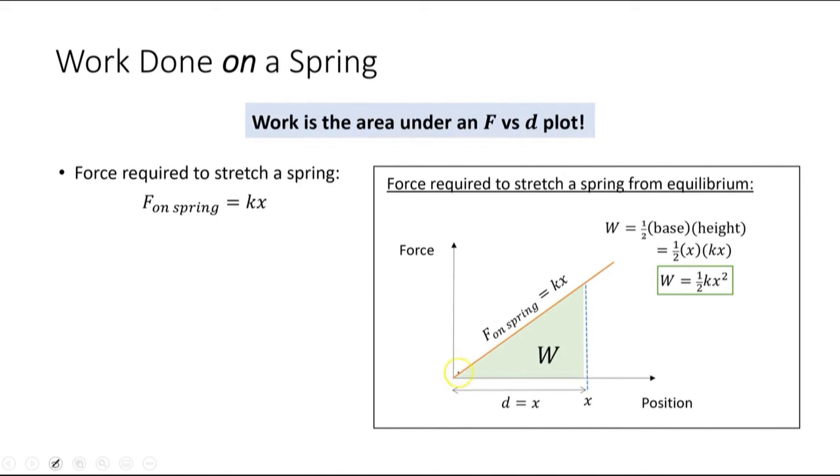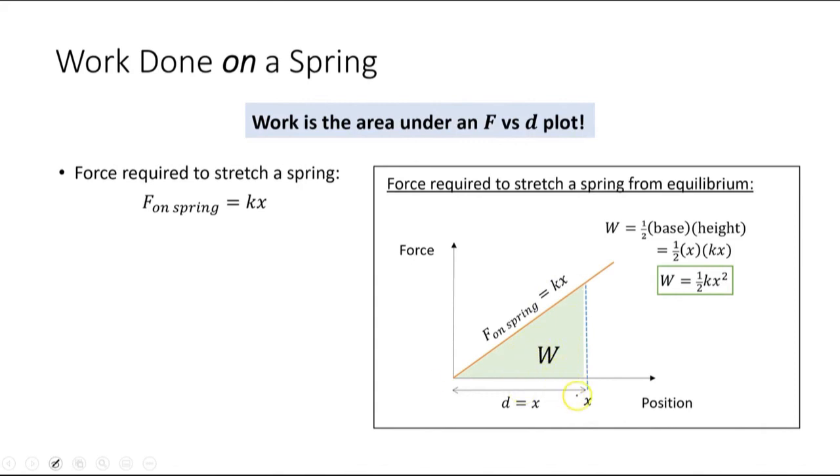So here my force is this orange curve here. It's going to be directly proportional to the position of the spring relative to its equilibrium position, so how much it's been stretched, which is a positive x value. Okay, so it's just this diagonal line. It has a slope of k, right? That's that spring constant. And so then I could calculate the work done on a spring as you stretch it to position x by just calculating the area under this curve.